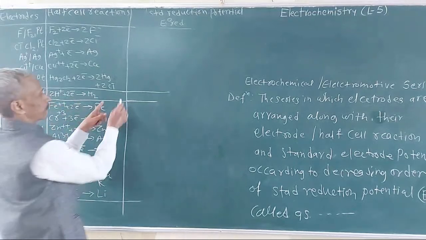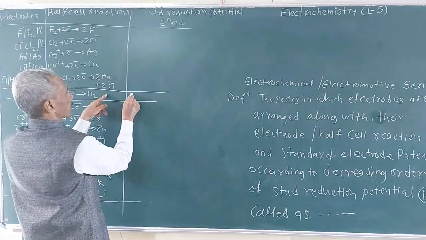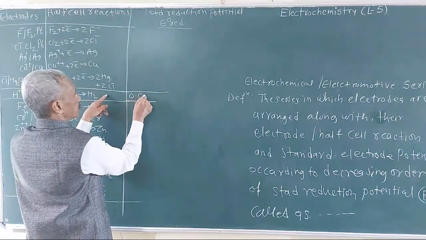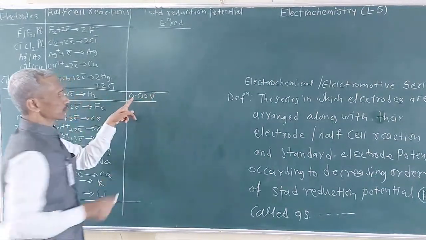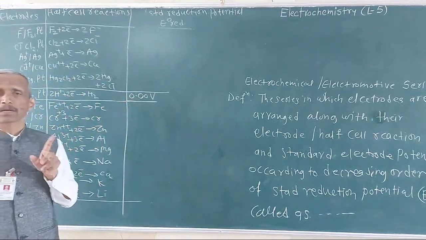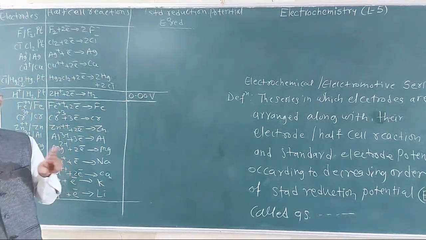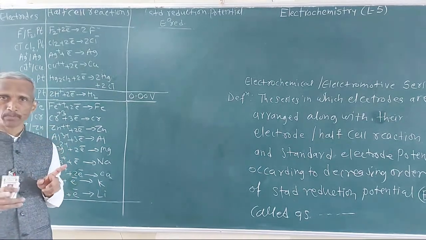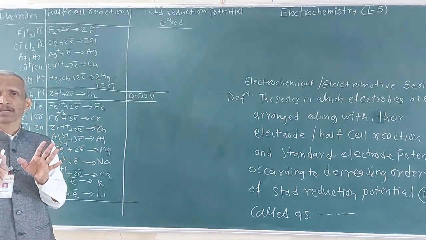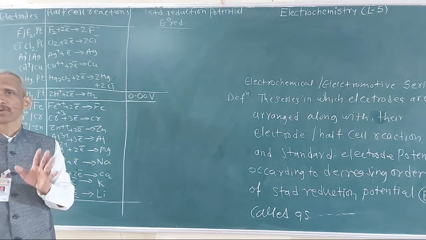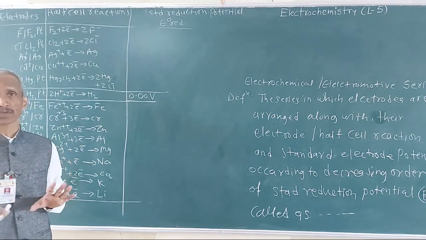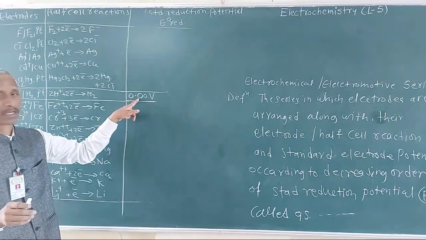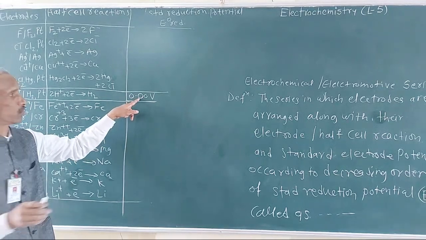For this hydrogen electrode, the potential is considered as 0, because whatever electric double layer is formed when hydrogen gas is adsorbed on a platinum plate, the potential or the ionization is very, very small and nearly equal to 0, so it is considered as 0 volts.